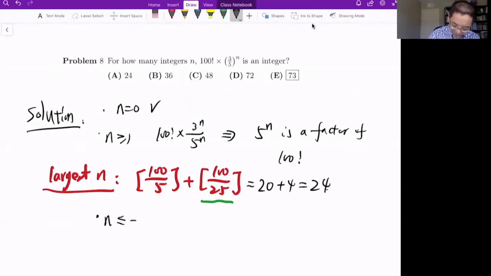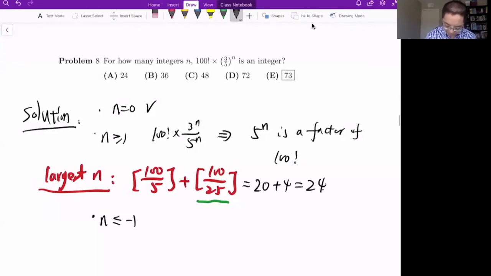So n is negative, starting from negative 1. Then there is 100 factorial, and here what we have is 5 over 3 to the negative n, right?